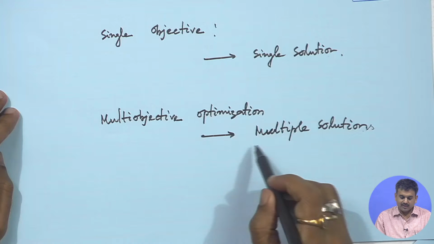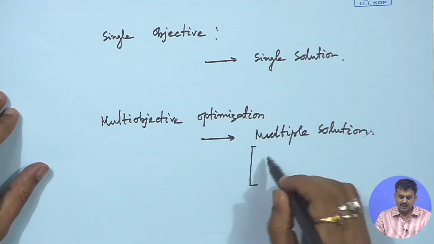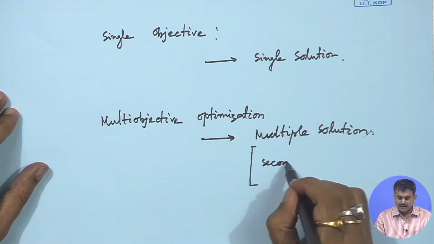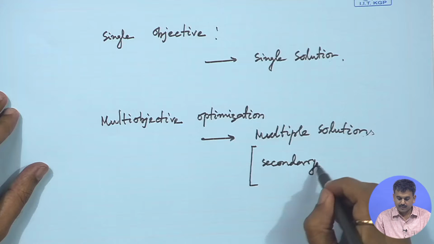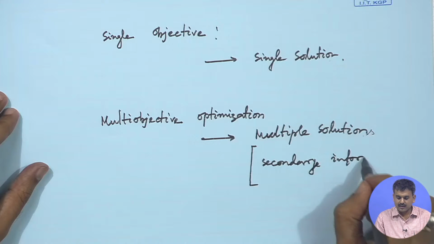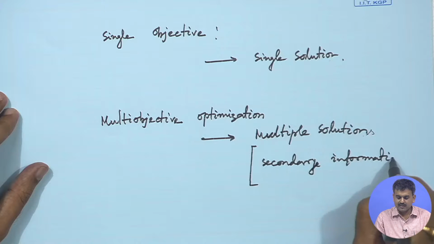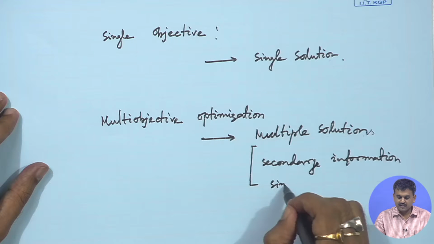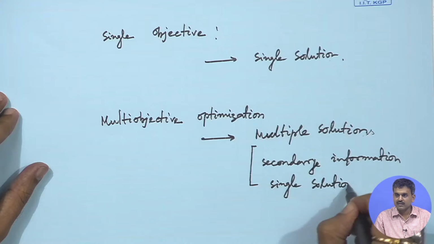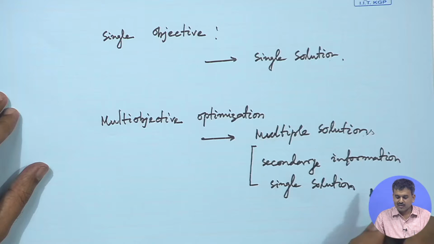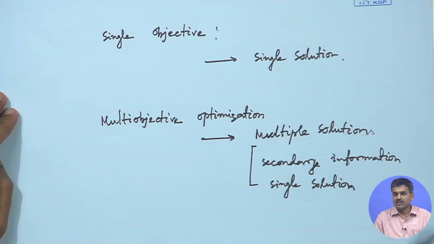Now, in this case, you need secondary information to get the single solution. Okay. Ultimately, only one solution you can implement in the field. Okay.